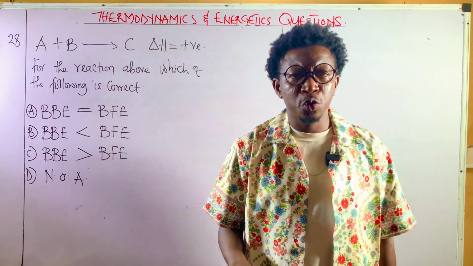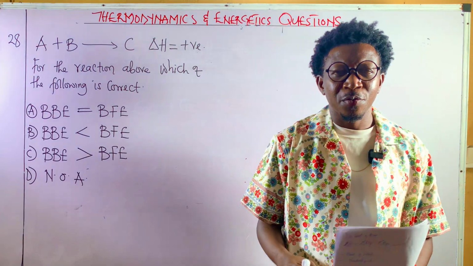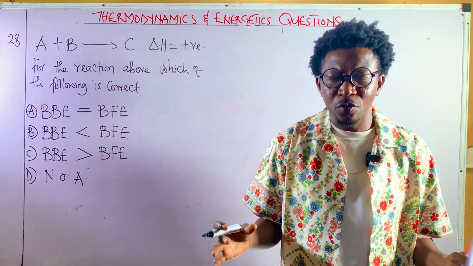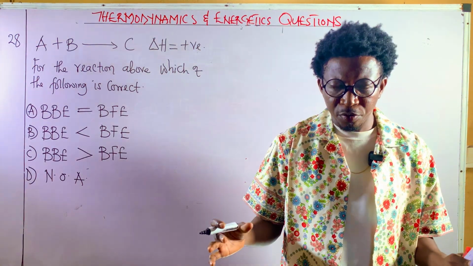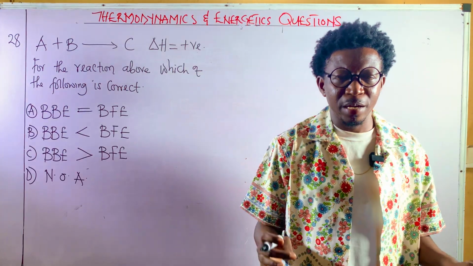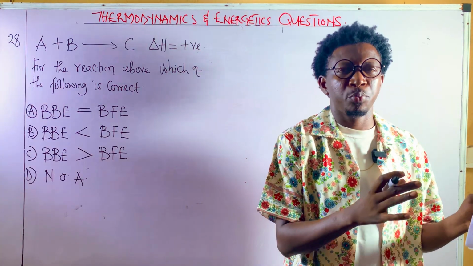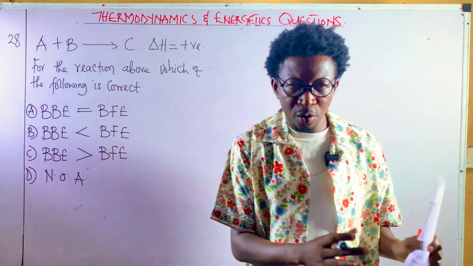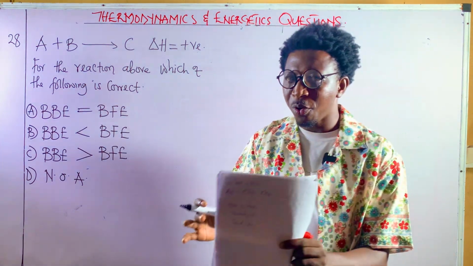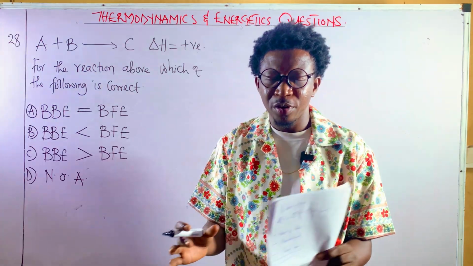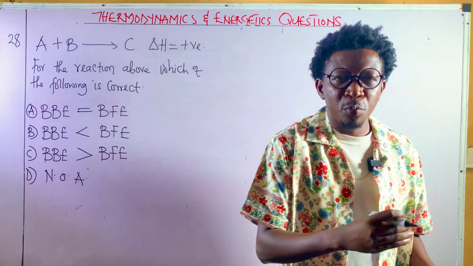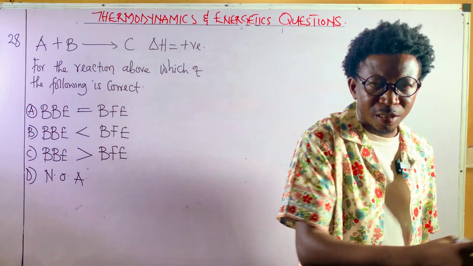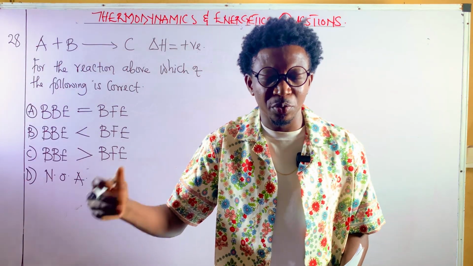Now, one thing you should know is that for a reaction to occur, two things mainly occur. Bonds will break and bonds will be formed. That means for a reaction to occur, there will be a bond forming process and a bond breaking process.